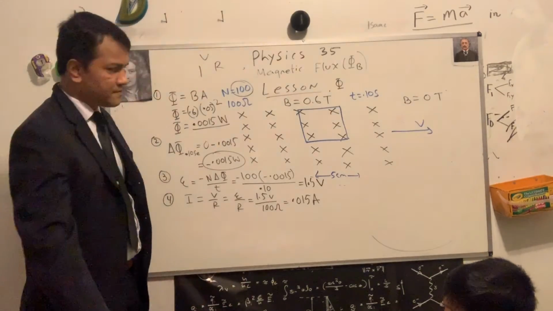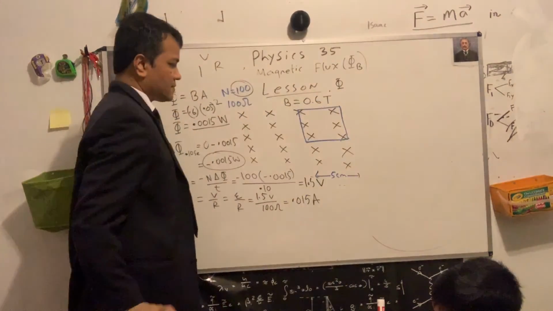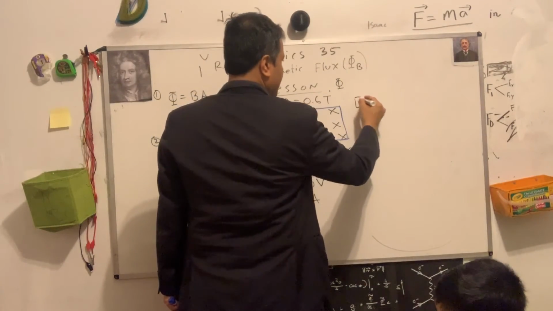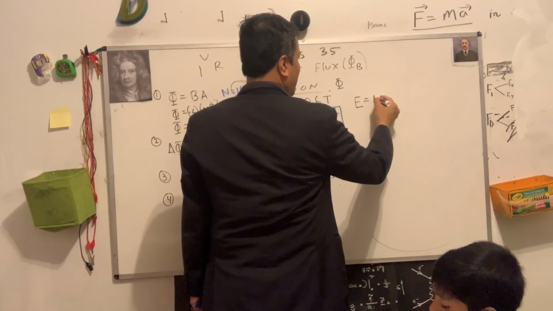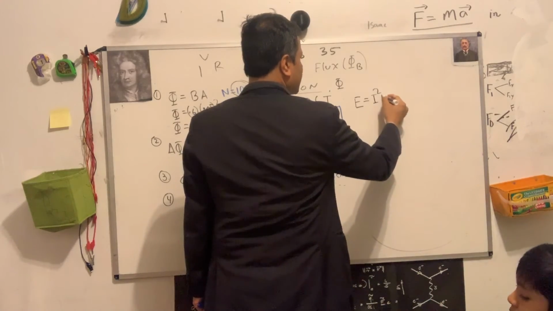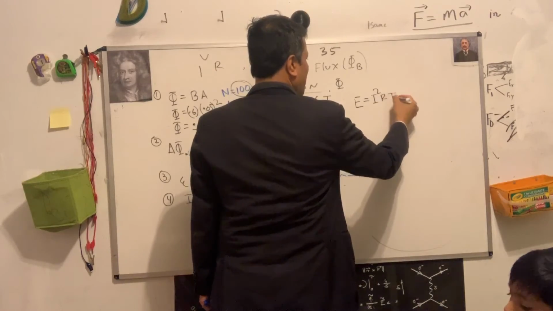Alright, now let's find the energy. Energy is equal to I squared RT, from Ohm's law.